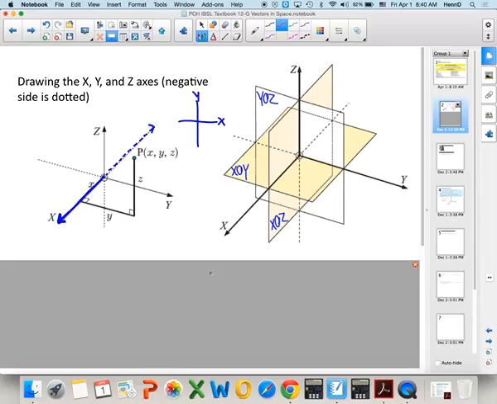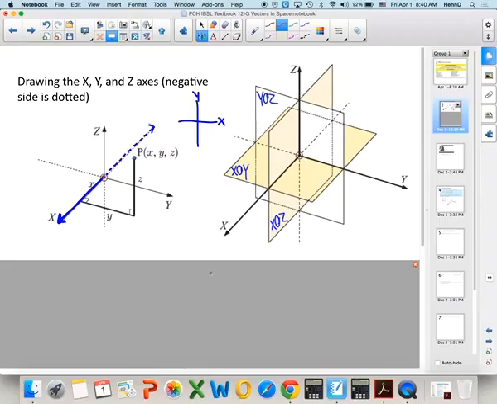All right, so we've got our x-axis that's kind of moving from the back towards you, okay? The negative side is kind of in the background. Positive is moving towards you. Part of the reason why this is tricky is because now the y-axis is kind of going from left to right.